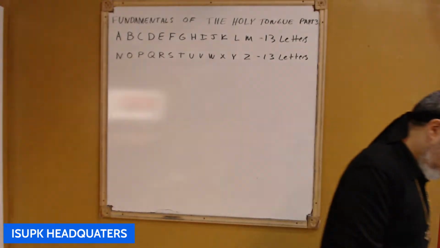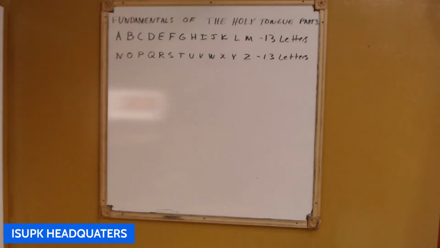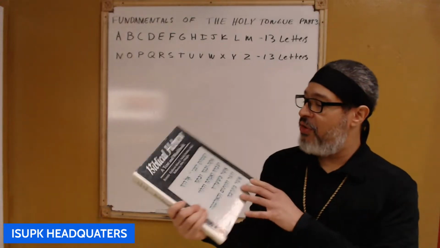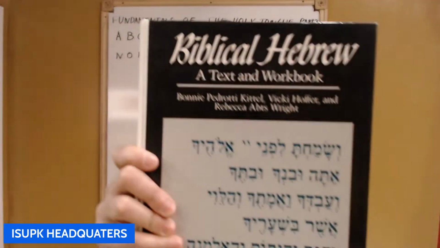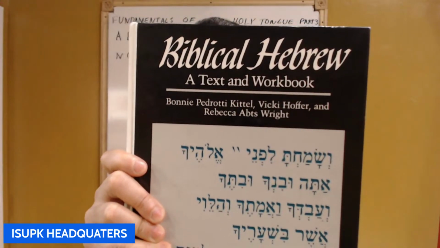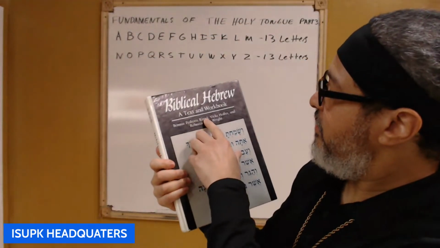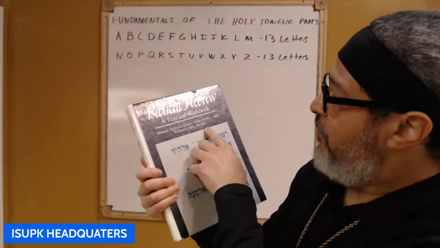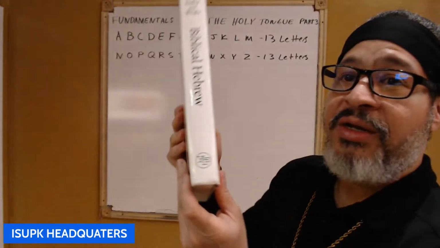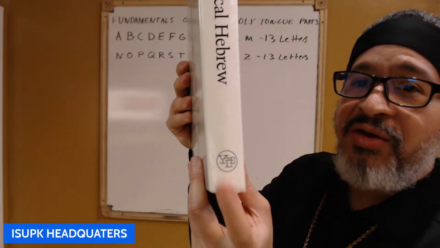Now, in the book by Yale University that we showed you before, this is Biblical Hebrew by Bonnie Pedrotti Kittel, Vicki Hoffer, and Rebecca Abts Wright, and you can see it's Yale University.